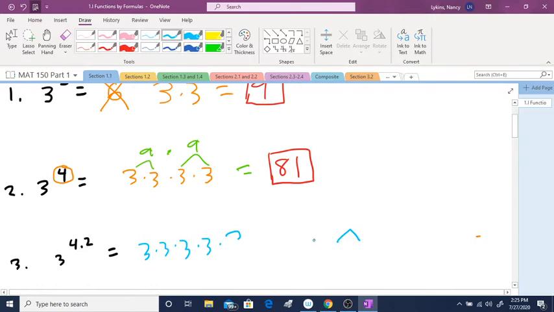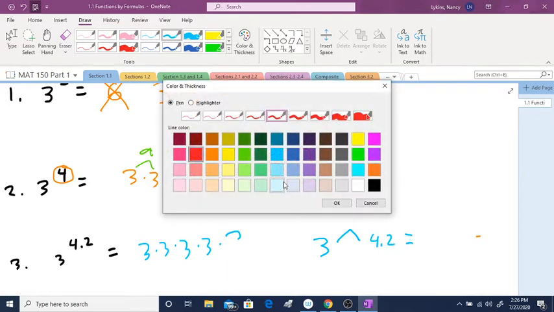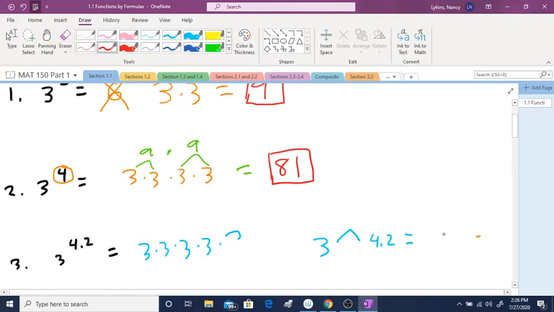So all you have to do is put in 3, then that little caret symbol, which is right under Clear on your calculator, then 4.2, and you should get 100.9. You could go back up to your other ones as well and do the same thing, like 3 squared and 3 to the fourth, and it gives you the 9 and the 81 respectively.